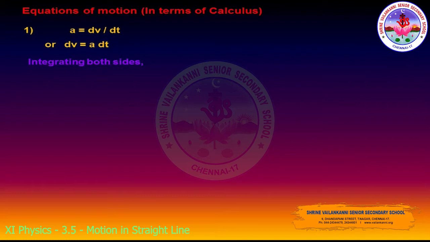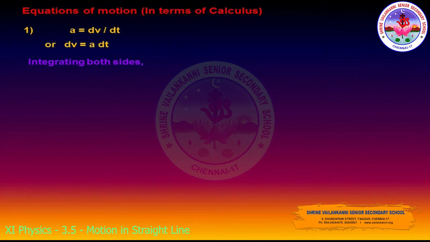So what is dv by dt? That is, we are differentiating. What is differentiation? Differentiation is the process of finding a function that outputs the rate of change of one variable with respect to another variable, right? So acceleration is equal to what?